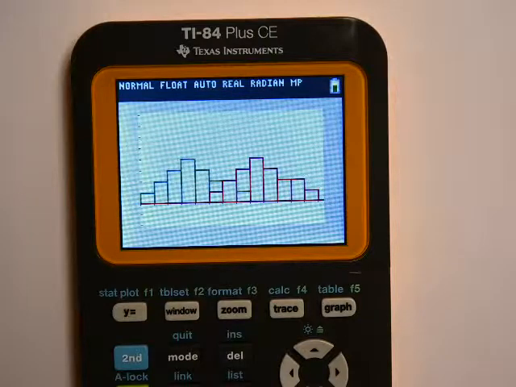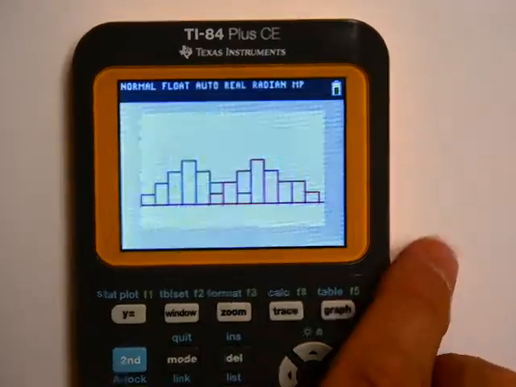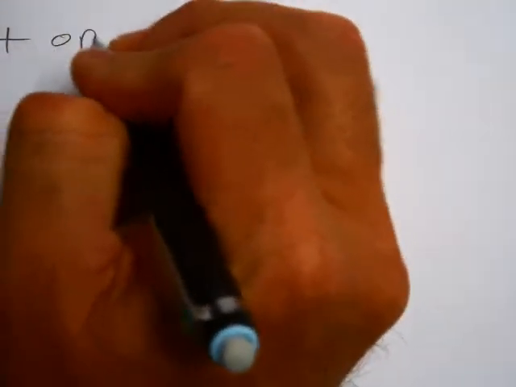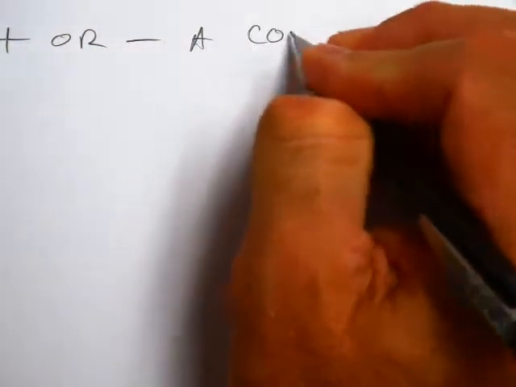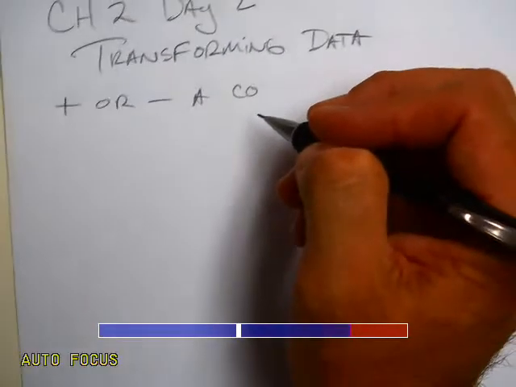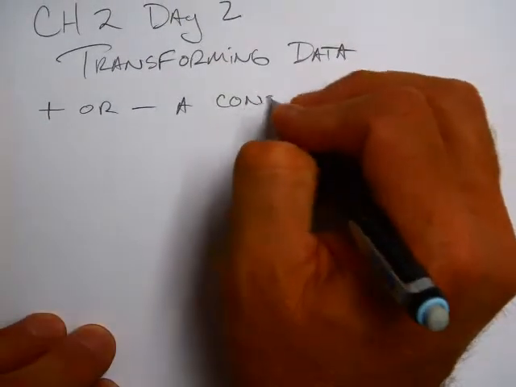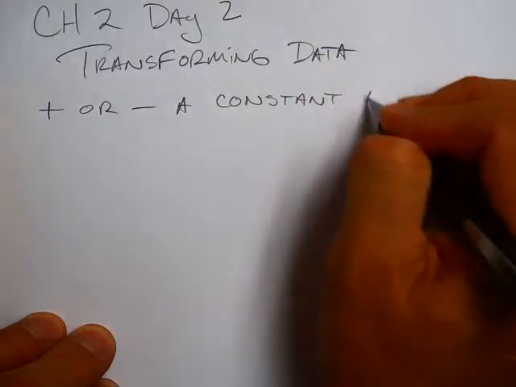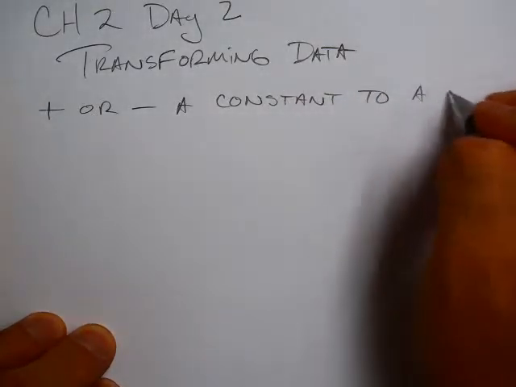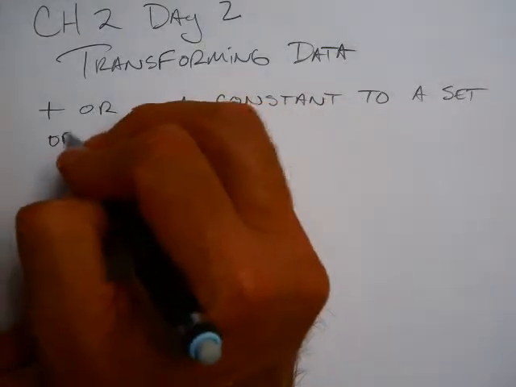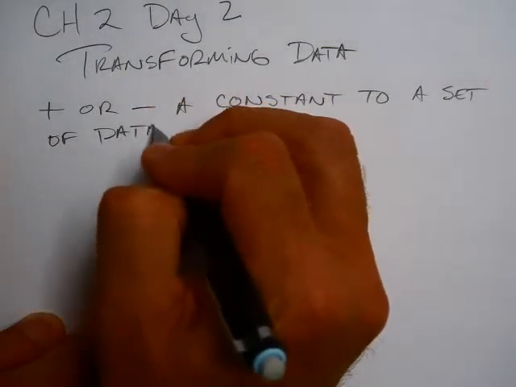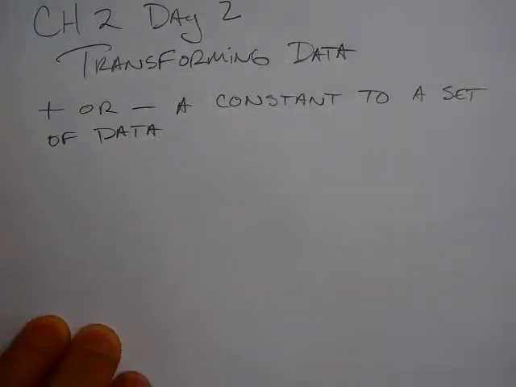Okay, so a prediction that was made in this class was that the graph would get taller. Did it do that? No, it just is a shift. It slid it over to the right in this case. So let's take a quick note about that. Adding or subtracting a constant to a set of data is simply going to shift the data left or right.